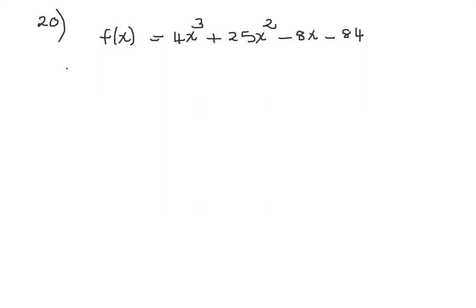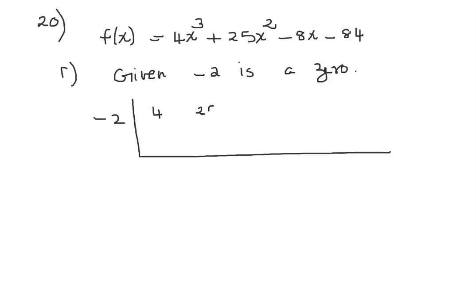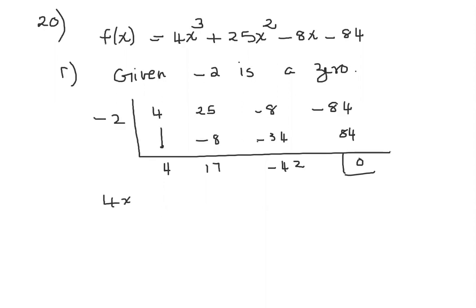So part A, part 1, we are given negative 2 is a 0. So divide by -2. We get 0 because -2 is a 0. Now we have to factor this trinomial.